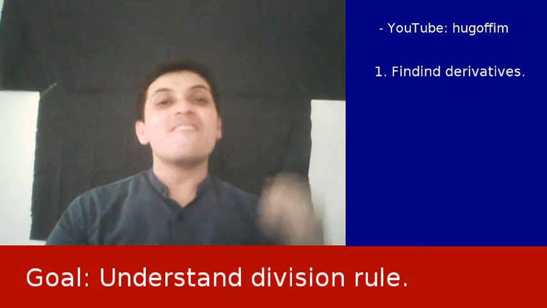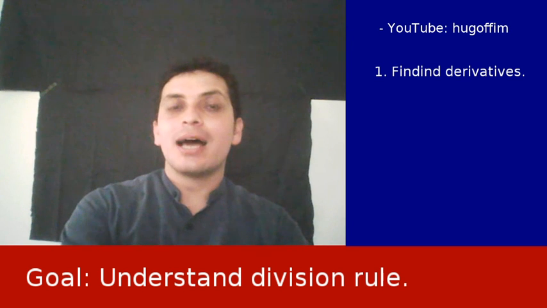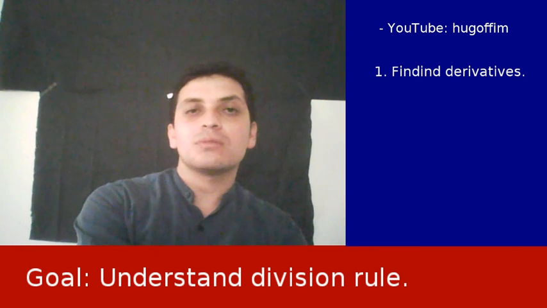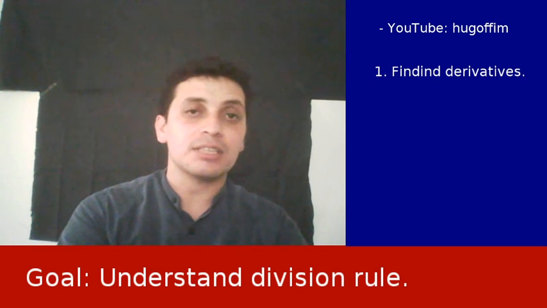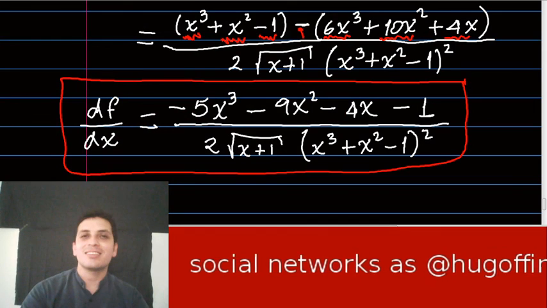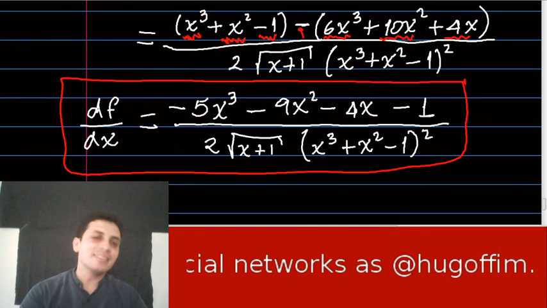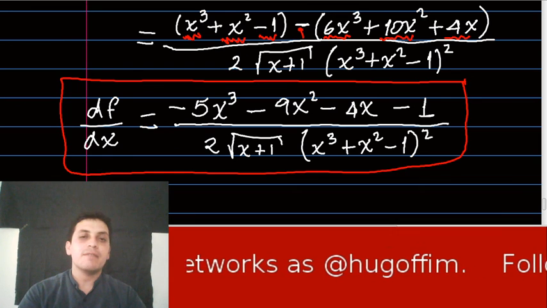Then we found the operation, in this case division, and then went to the division rule and applied it, and a little bit of algebra to simplify the expression. This is how you get to this expression you can see here. And this is how you can apply any derivative for any function.